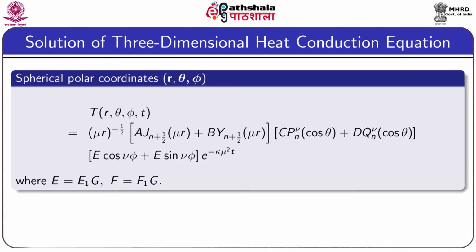Now, substituting the values of capital R, capital Theta and capital Phi, we obtain the required solution, which is written here, where we have redefined the constants: E is assumed as E1 capital G and F is F1 capital G. So this is our required solution, the solution of the heat equation in the spherical polar coordinate system.